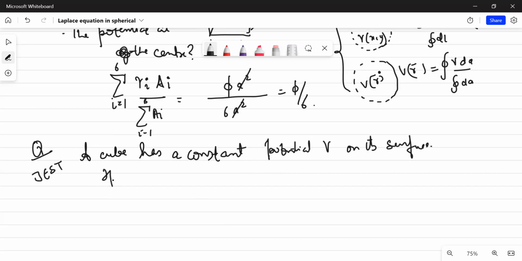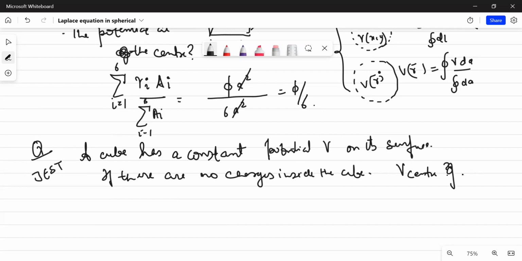If there are no charges inside the cube, what is the potential at the center of the cube? This was asked in JEST. The cube has potential V on its surface, which implies on all the faces the potential is given to be V. And if there are no charges inside the cube, what is the potential at the center of the cube?